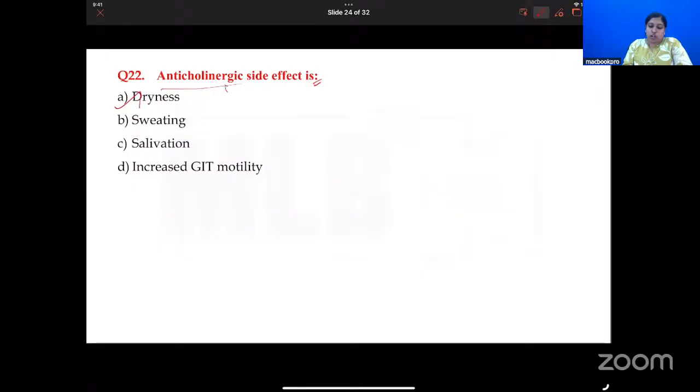Along with that, what are all the anticholinergic side effects we have? We have mydriasis. We have dry mouth. Very good, very good. Many students have answered correctly. Shalini, Sugant, Ankur, Bhupesh, Sanjita, Nadia, Savita, Joy. I feel so proud of you people.